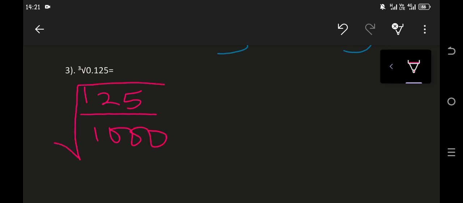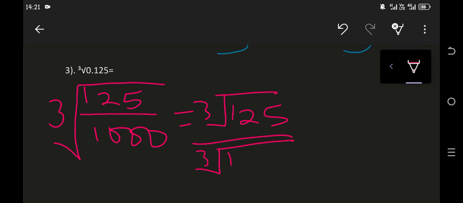So we have to find the cube root of that. So the cube root of 125 on its own and the cube root of 1000 on its own.